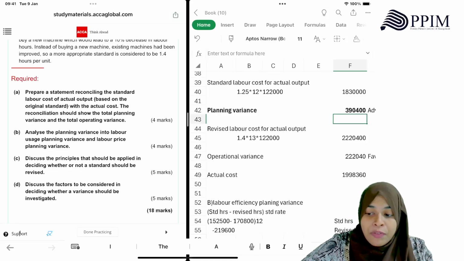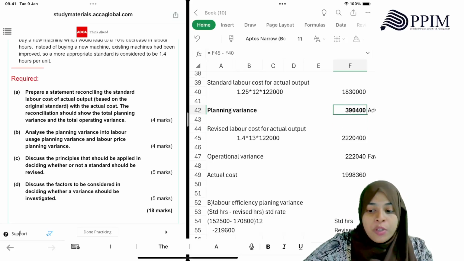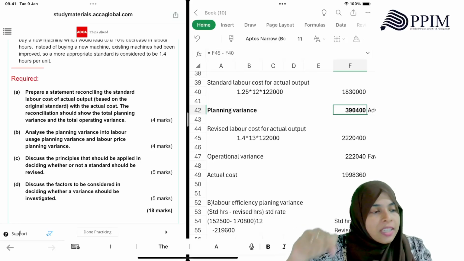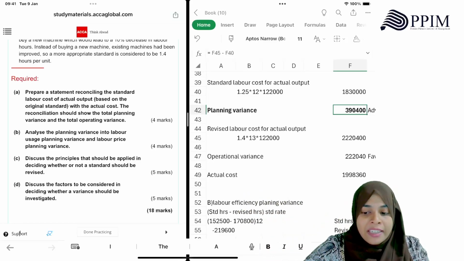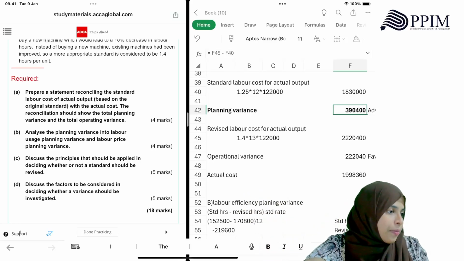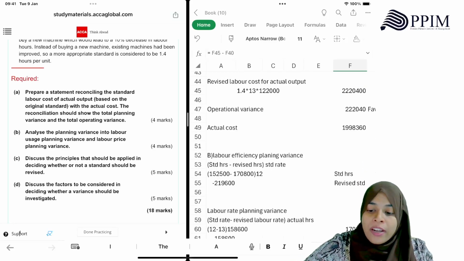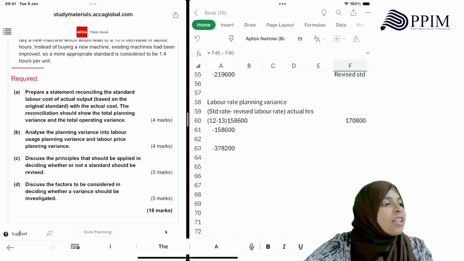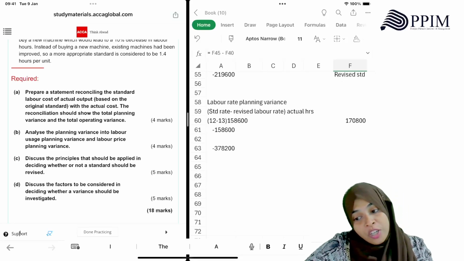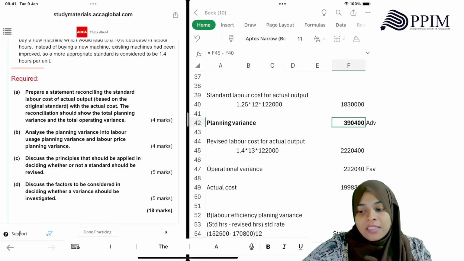At any point, did we use the actual time? We used the standard time and we used the revised time. So it was found without taking the actual time. So when you use the actual hours here, the answer will not reconcile, or it will not match with this answer.